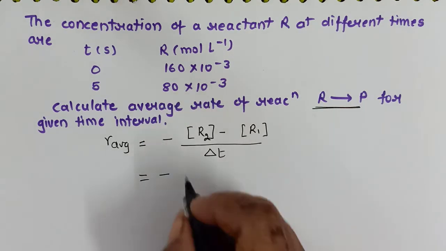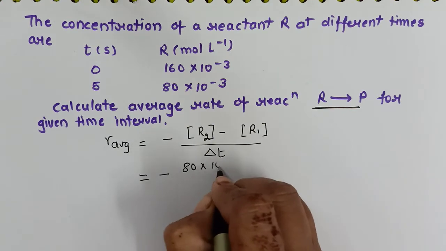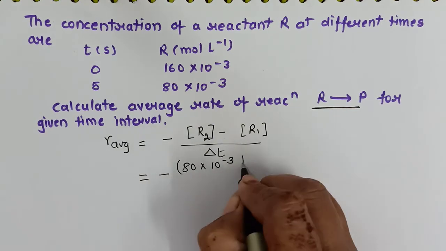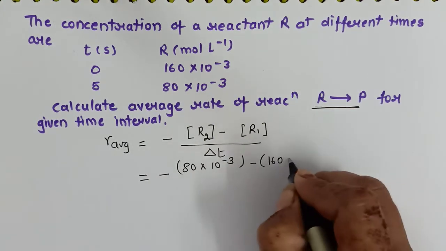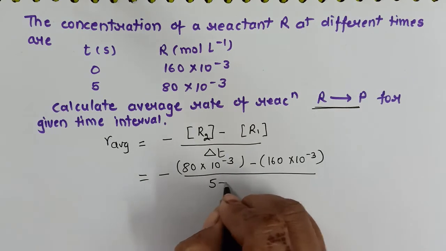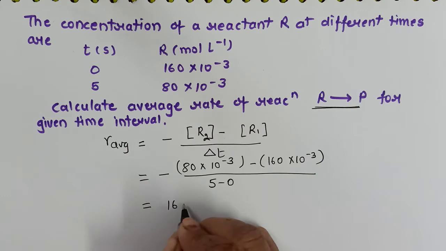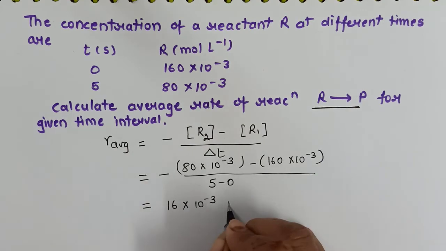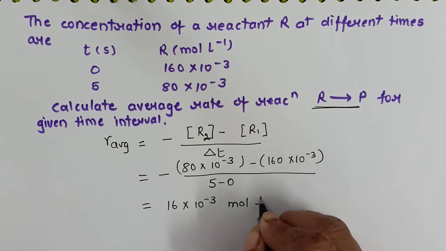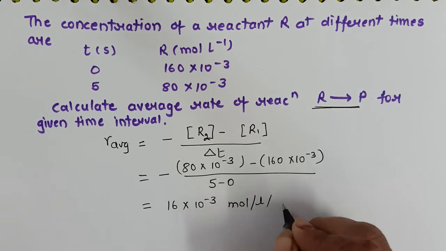So here it is 80 into 10 to power minus 3 minus 160 into 10 to power minus 3, upon del T, which means 5 minus 0. Solving this, we get the answer 16 into 10 to power minus 3 mole per liter per second. That is mole liter inverse second inverse.